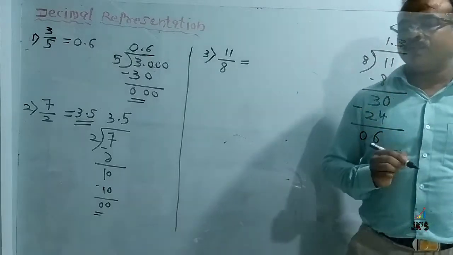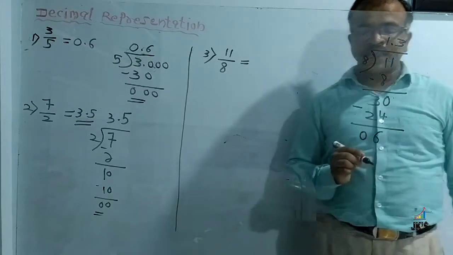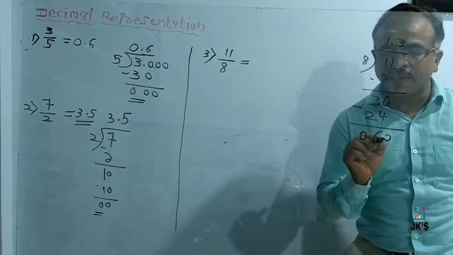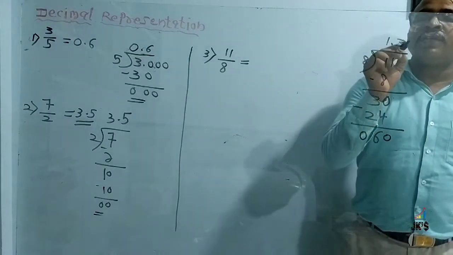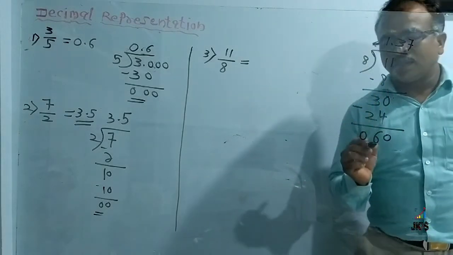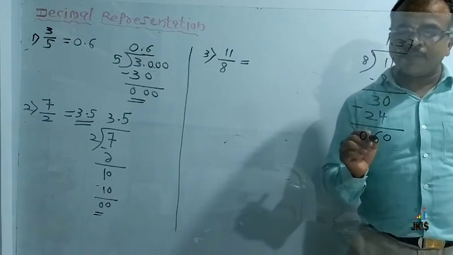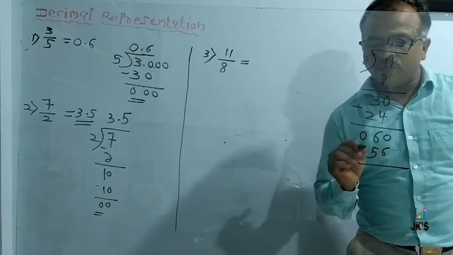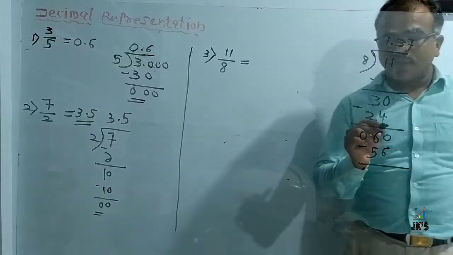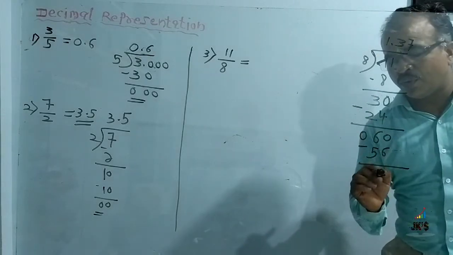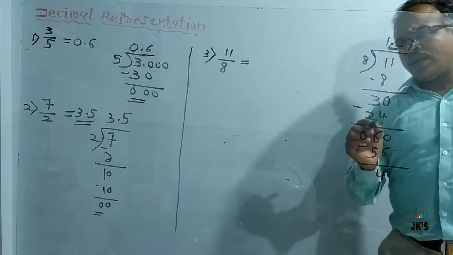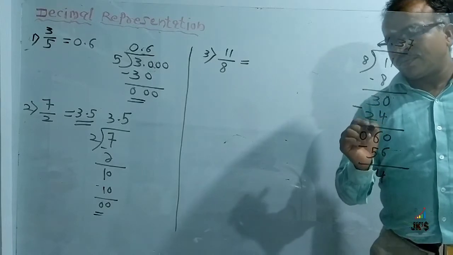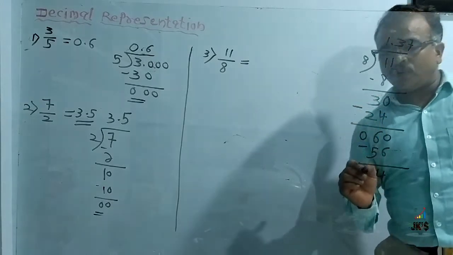Now 6 is smaller than 8, so we take 0. 8 sevens are 56. When we subtract, 60 minus 56 is 4, that is 40.